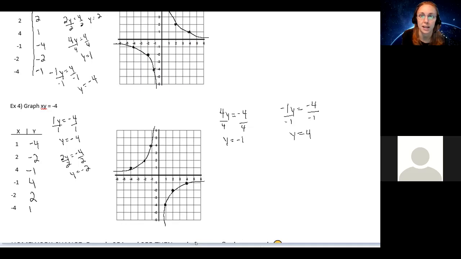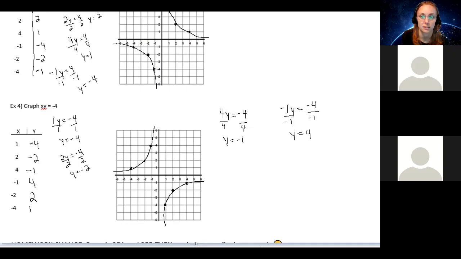So now, do you have any questions about things? Yeah, on number 2 on 35A, it says xy equals 6. How would it be the same as the other one? Yeah, I'm looking to see.